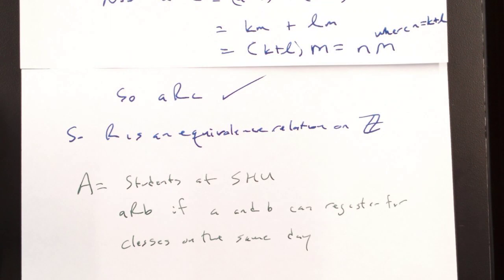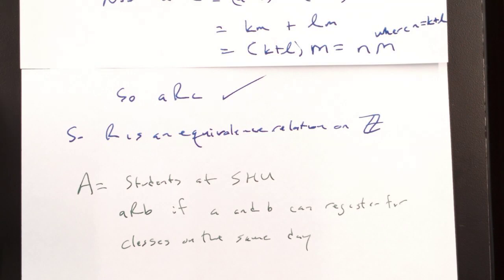I don't remember what the first day of registration was. It doesn't matter. Let's make something up and say you could register on May 1st if you were a senior and you had earned 91 or more credits.